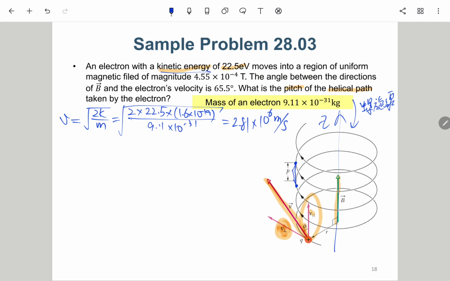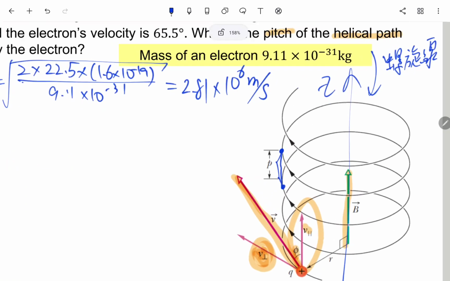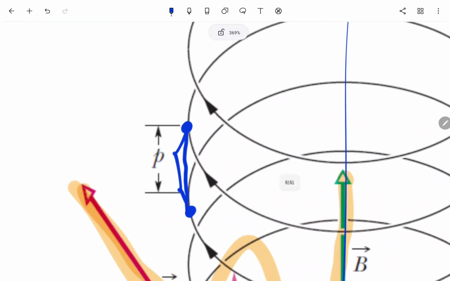So actually the pitch will be like V parallel, because in this direction it is moving with V parallel. But how much time does it take?